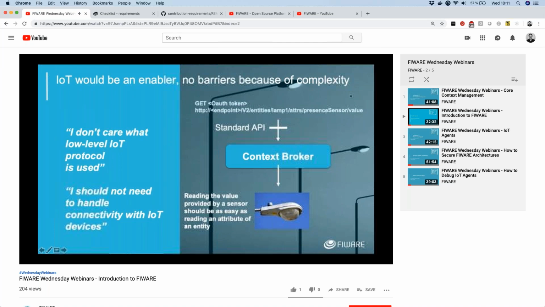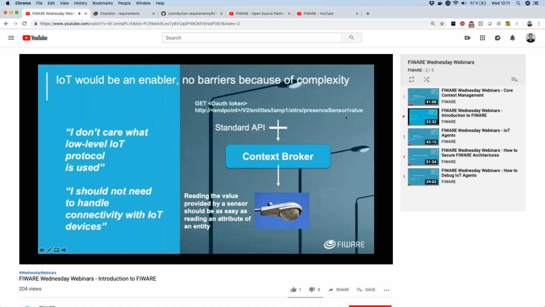It's saying we've got our interface, the thing we're actually selling, we've got our central component, the context broker, and then through using this interface, you can get into whatever system you want. It's a generic and open way of doing things.